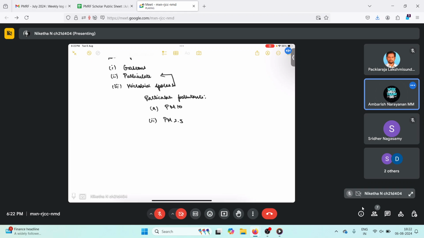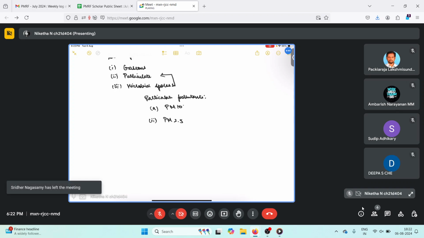Yeah, that's right. So PM10 means that the particulate matter size is less than 10 microns, and by size we mean the aerodynamic diameter. So PM10 means that the aerodynamic diameter of the particle is less than 10 microns, and PM2.5 means that the aerodynamic diameter of the particle is less than 2.5 microns.